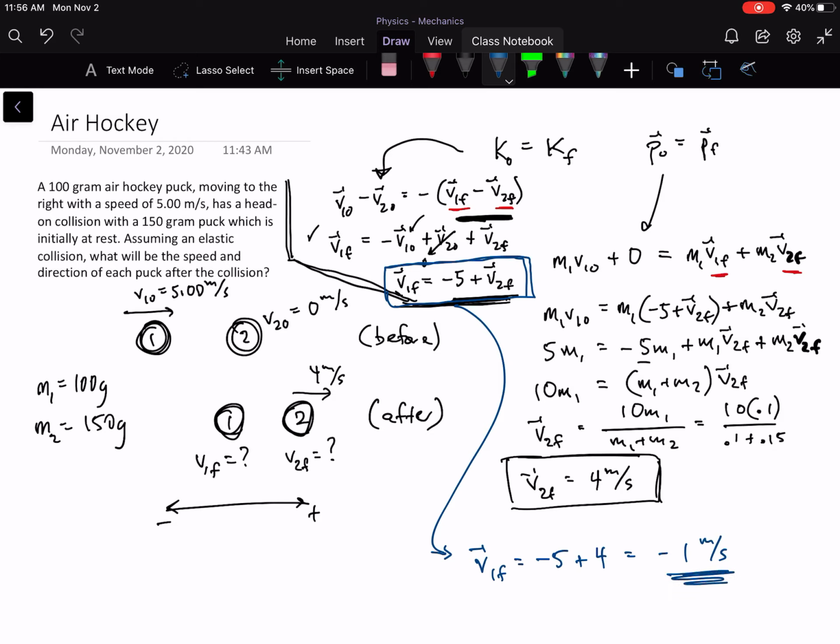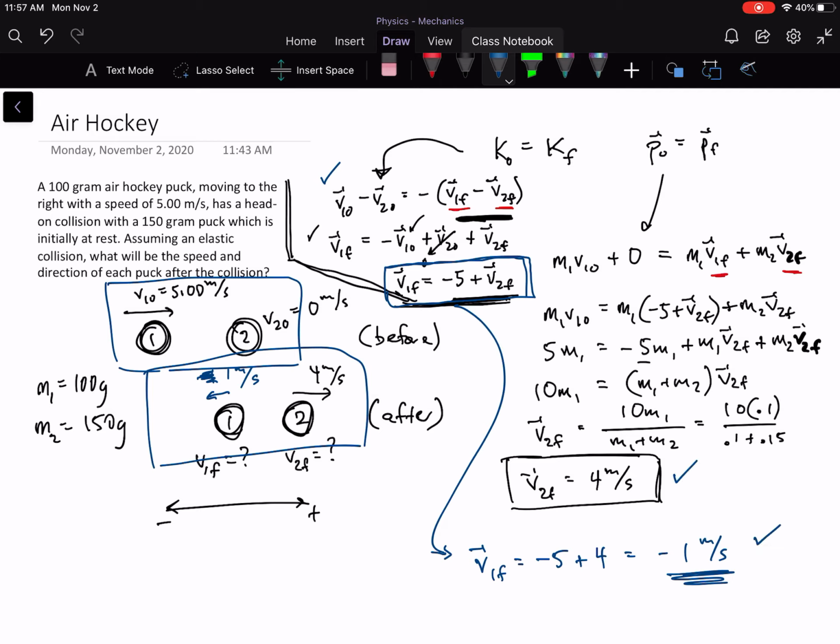So this thing is moving just a little bit to the left at 1 meter per second. You'll notice that the relative velocity here, if you go back to the original statement of that condition, we are receding from one another at 5 meters per second, and initially you are approaching at 5 meters per second, relative velocity-wise. So that checks out, and there is our answer. Hope this helps.